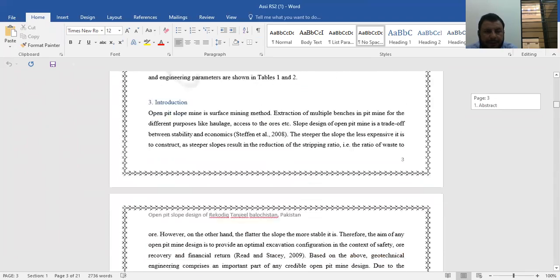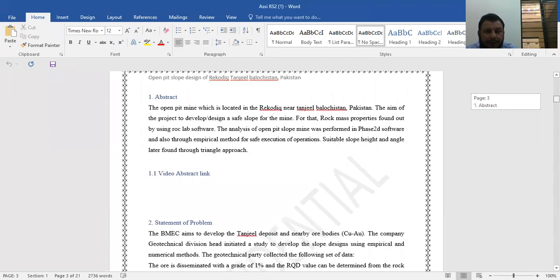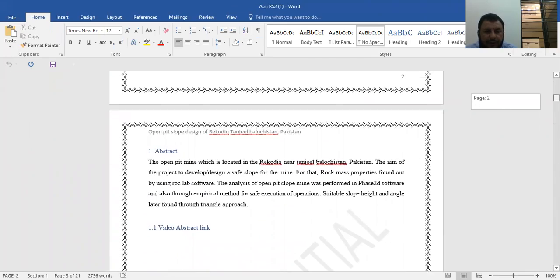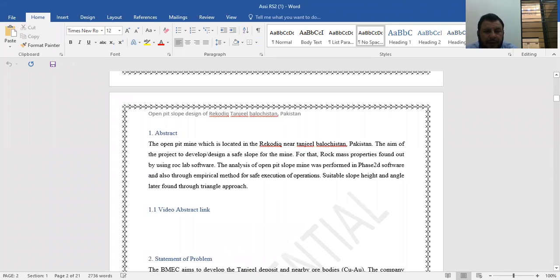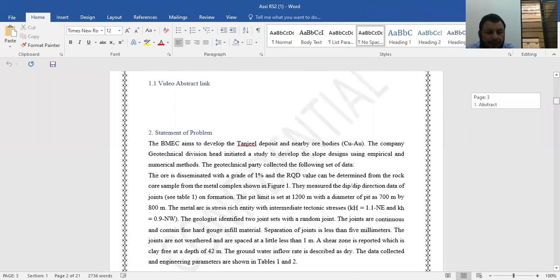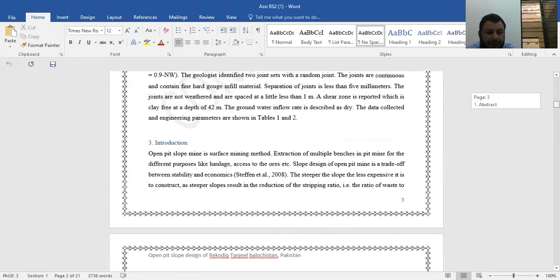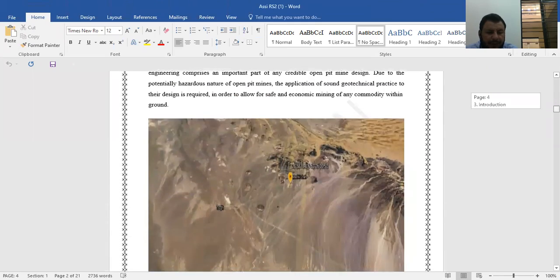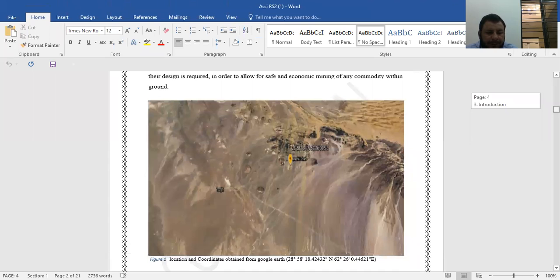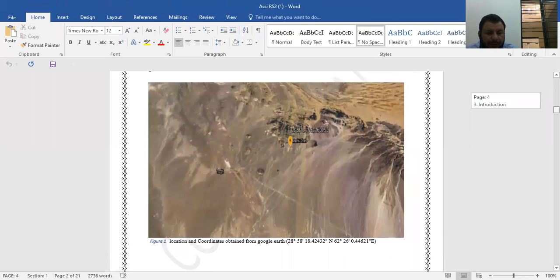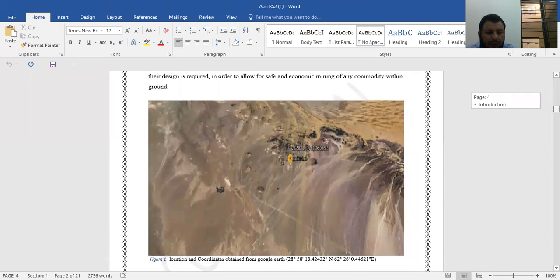Now we will discuss the abstract of the project. The open pit mine is located in Repodik near Tanjil, Balochistan, Pakistan. The aim of the project is to design a safe slope for the mine. The rock mass properties were found using RocLab software.